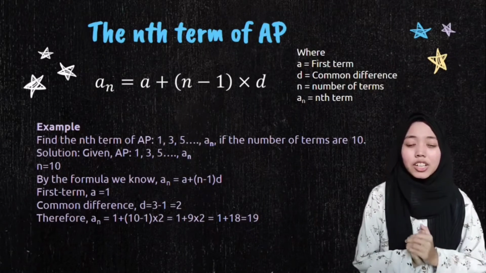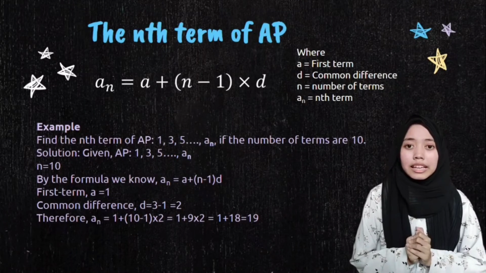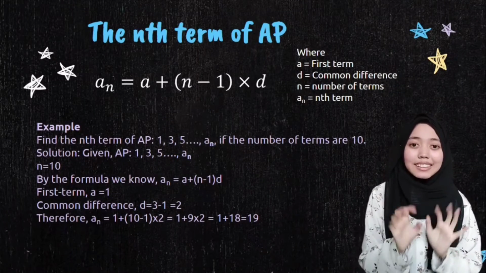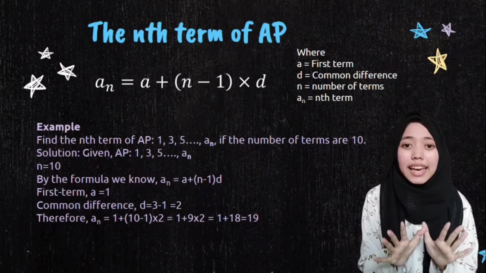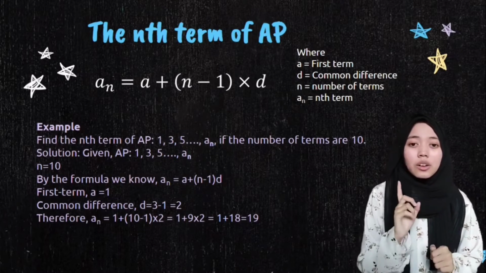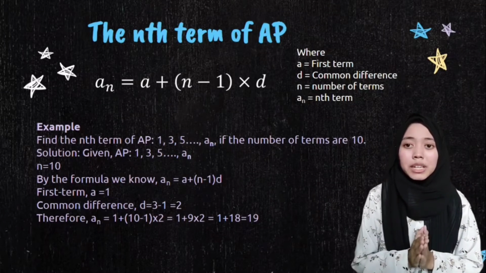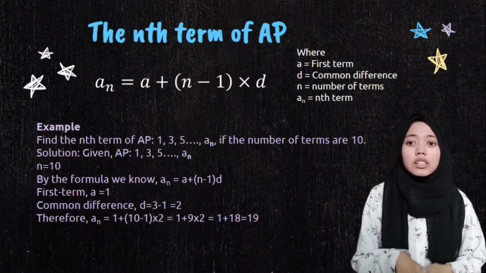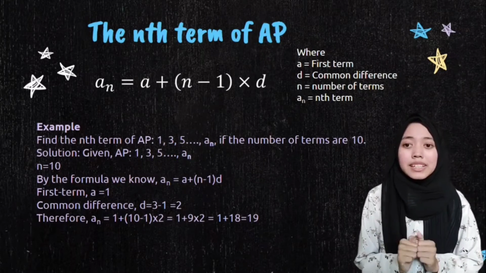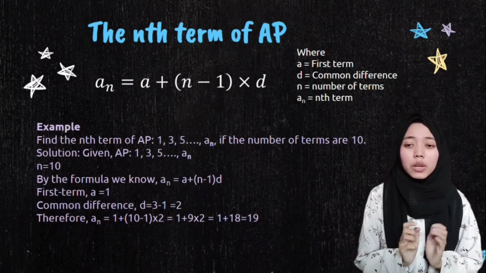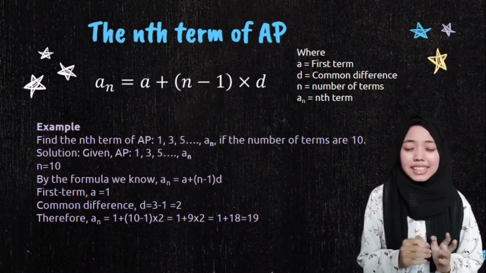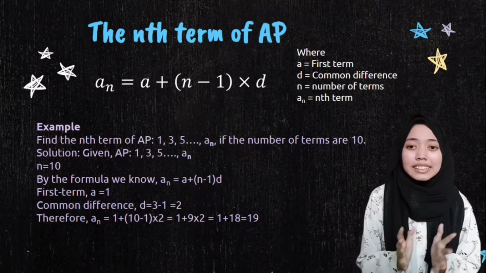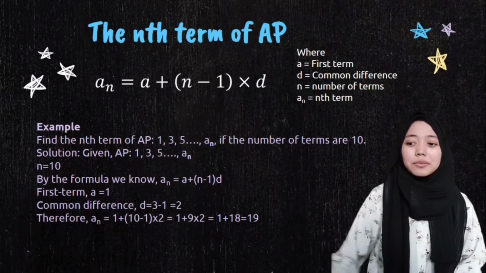So the common difference t is 2. And we know that n is 10, so a10 is 1 plus 10 minus 1 times 2 equals 1 plus 9 times 2 equals 1 plus 18. So a10 is 19.